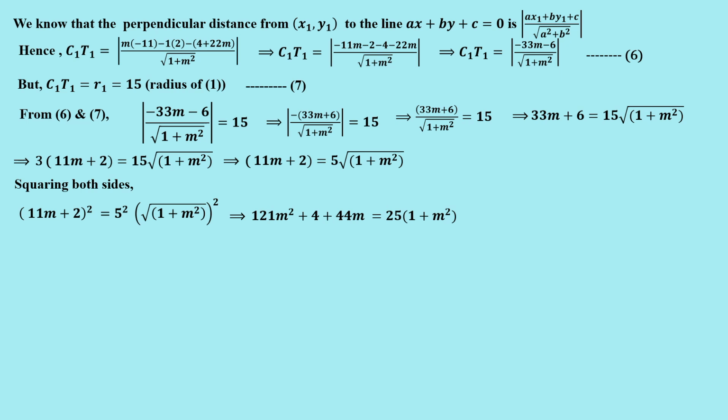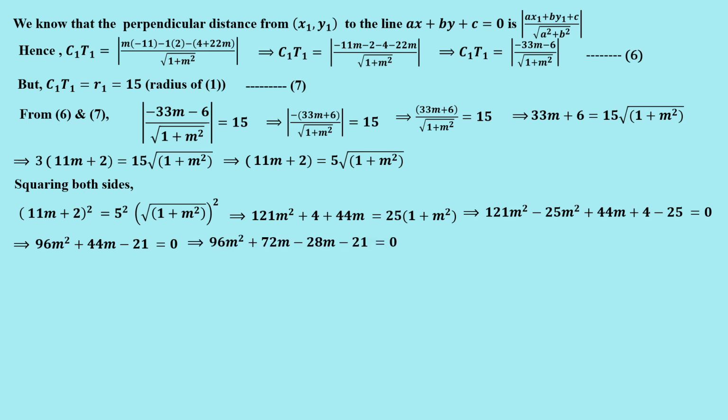On the right hand side you have 25m square; take it to the left hand side, -25m square, then +44m + 4, and take 25 to the left as well, -25, equal to 0. So you will get 96m square + 44m - 21 equal to 0.